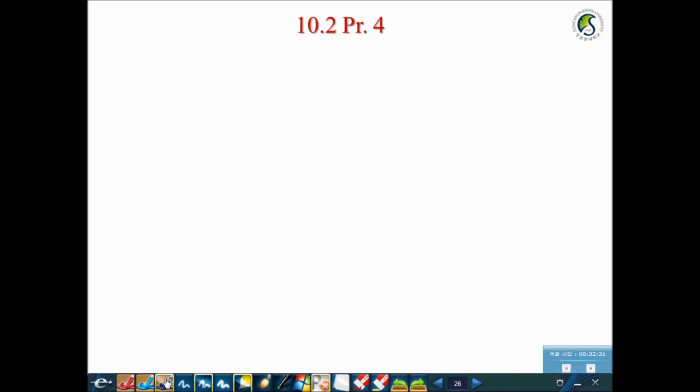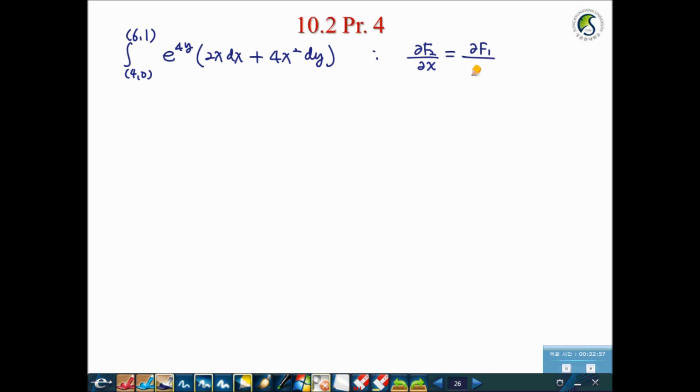I'm going to give you another example problem. It's from (4, 0) to (6, 1), e to the 4y times 2x dx plus 4x squared dy. So you check the condition, right? dF2 over dx is dF1 over dy. If it is exact, that relationship has to be true.